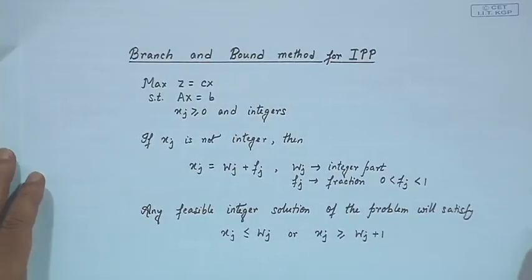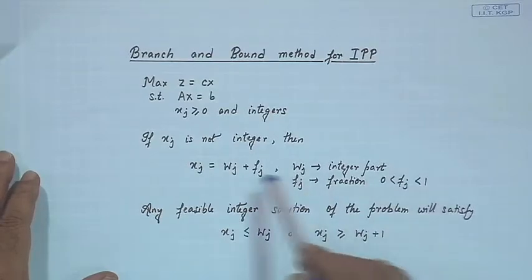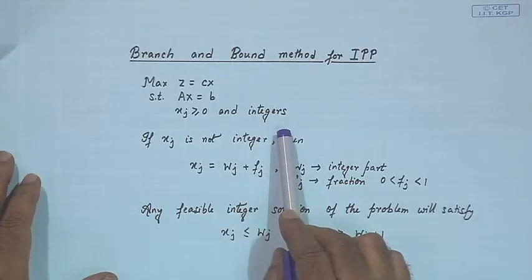So, let us see what the branch and bound method uses. Suppose you have a problem: maximize z equals c x subject to a x equals b, x j greater than equals 0, and integers.